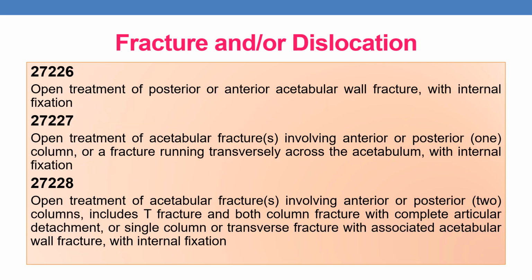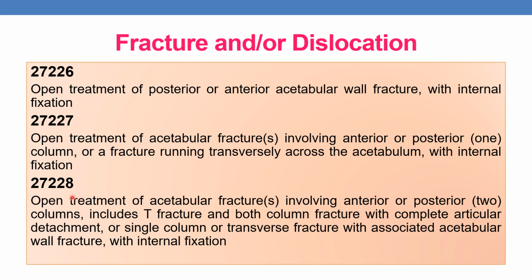It deals with open treatment of posterior or anterior acetabular wall fracture with internal fixation. The next is 27227. It deals with open treatment of acetabular fracture involving anterior or posterior column or a fracture running transversely across the acetabulum with internal fixation.